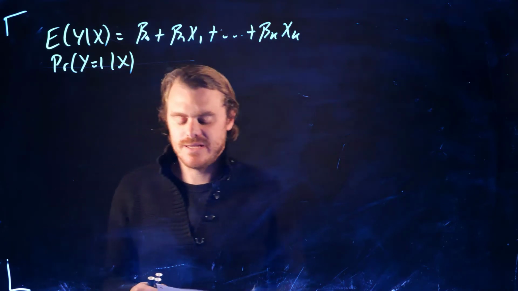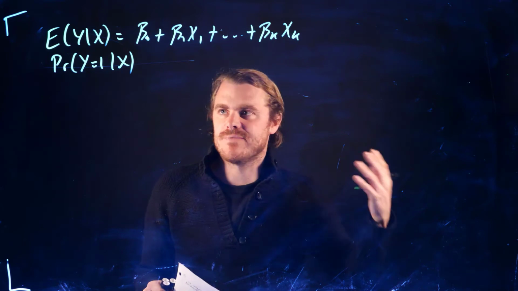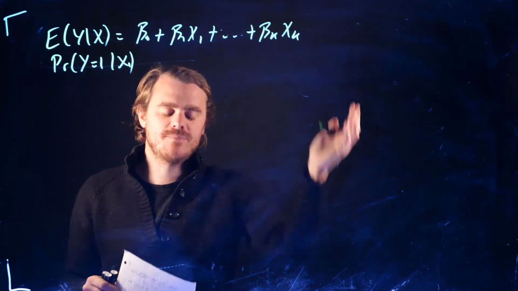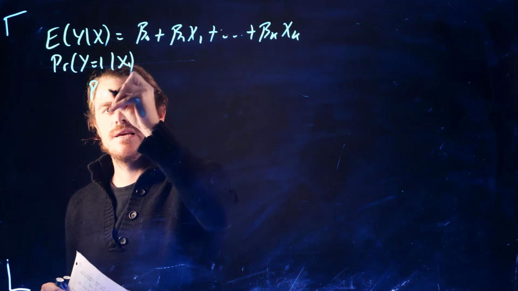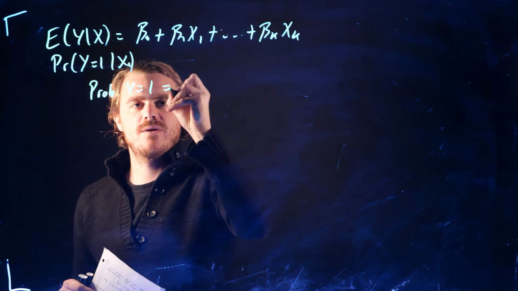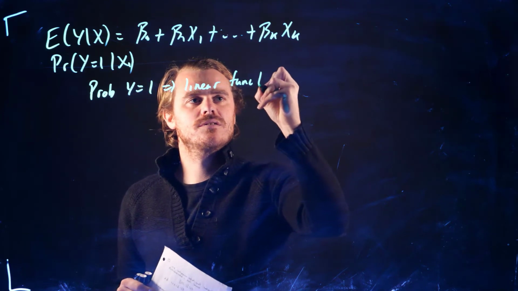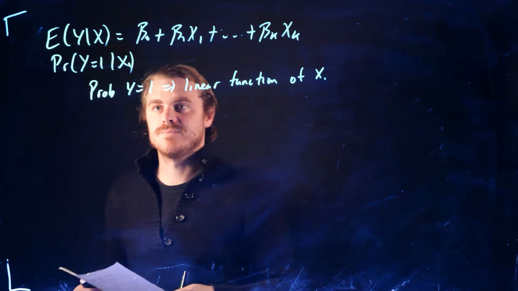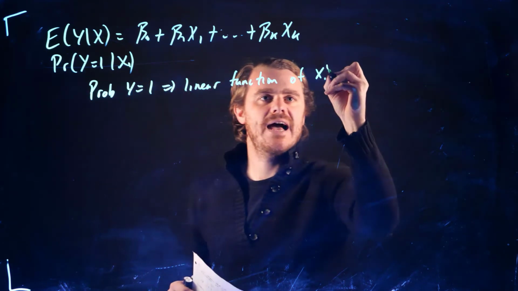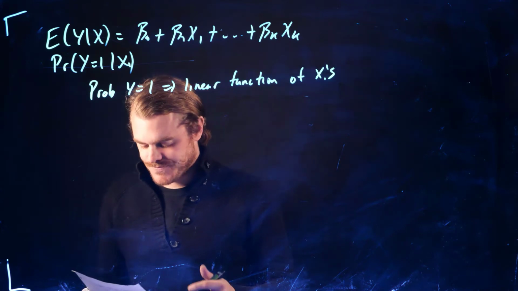So it's the probability that y actually equals 1 given these different values of x. We're making the assumption that it's a linear function of the x's, of all of our independent variables.